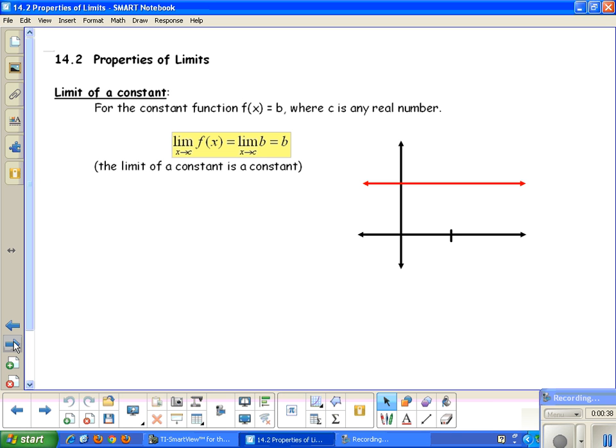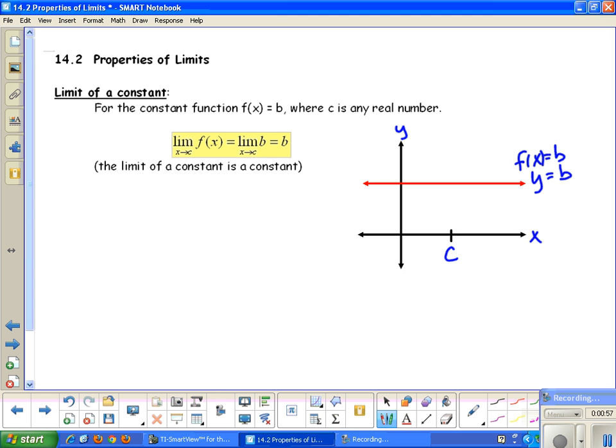Now what that means is, let's say that we have this graph right here. So this is your x-axis and this is your y-axis. And we're saying that this equation of the line is f of x equals b, or we could write y equals b. And we're calling this value right here c.